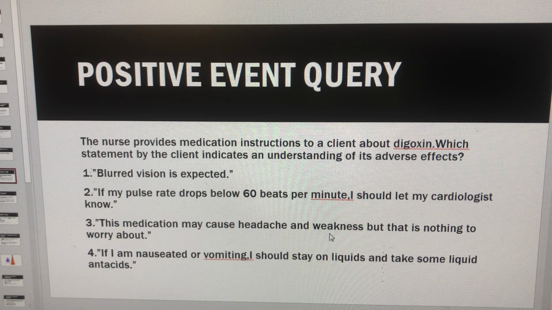If any of these occur, the cardiologist is notified. Additionally, the client should notify the cardiologist if the pulse rate drops below 60 beats per minute, because serious dysrhythmias are another potential adverse effect of digoxin therapy. Remember to focus on the data provided and note positive event queries. The answer is number 2.